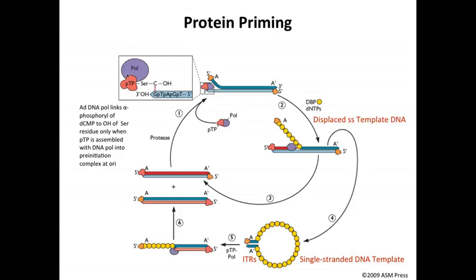And that DNA polymerase is shown here as a purple sphere. And this DNA polymerase binds to a second viral protein called PTP, which stands for pre-terminal protein. This is a precursor version, if you will, of the protein that ends up being linked to the 5' ends of the viral DNA.